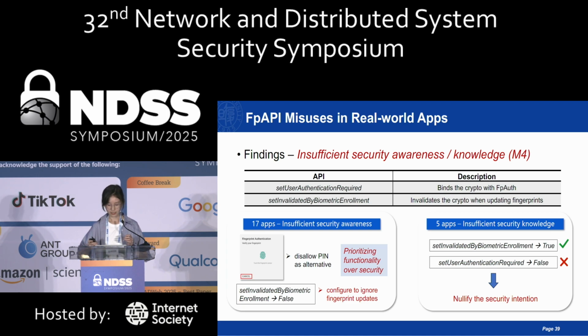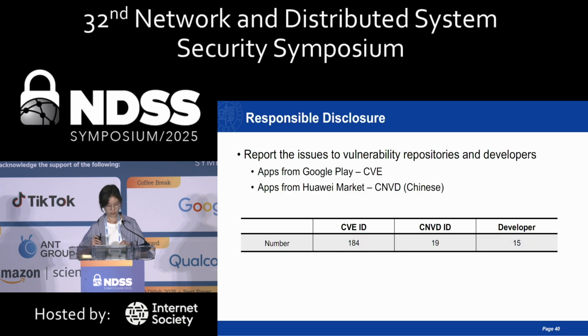They set invalidating when updating fingerprints, but nullify this security intention by misconfiguring the other API. We have responsibly reported these issues to vulnerability databases and developers and received 184 CVE IDs.